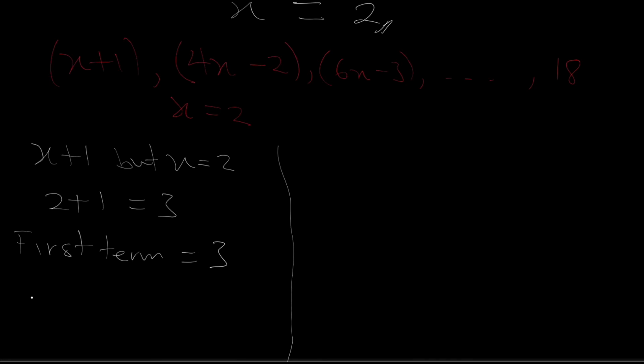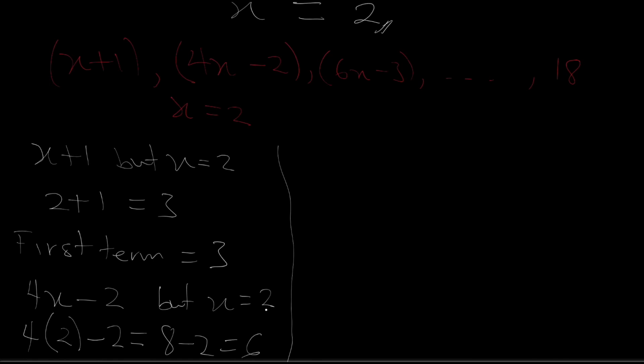We know our second term is 4x minus 2, but x is equal to 2. So we have 4 times 2 minus 2, which is equal to 8 minus 2, which is equal to 6. So our second term should be 6.